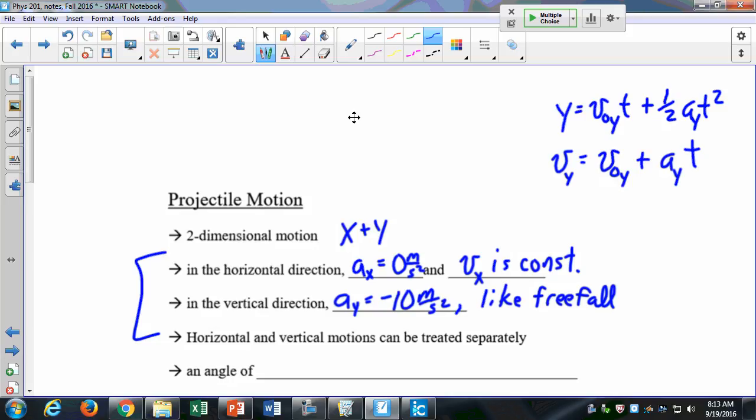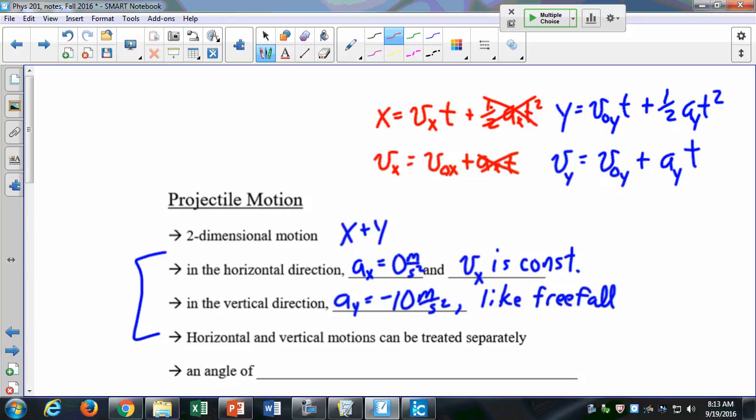In the x direction, they're going to look a little bit different. I'll have x equals vx times t, and really that's it, because I also have vx equals v0x plus axt. But this goes away because ax is equal to 0. And similarly, I have another term here, 1/2 axt squared. But it goes away too because ax, the acceleration in the x direction, is equal to 0.